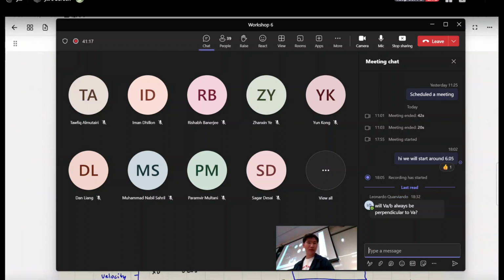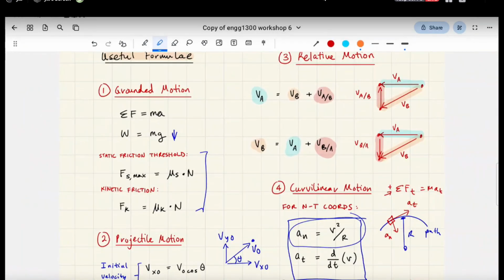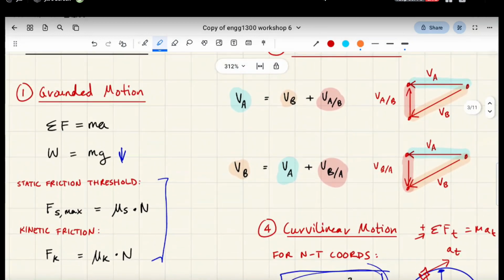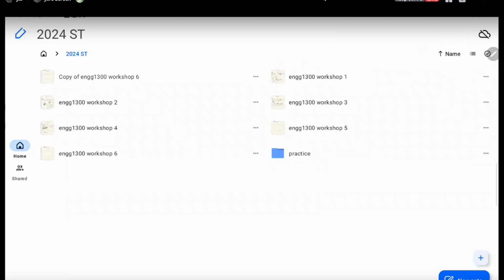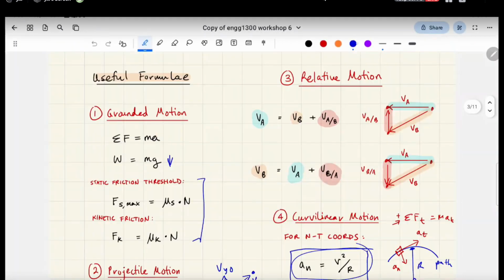So to answer your question, Leonardo, I just drew it like this, but it's not always the case. If you instead have vectors which look like this, VA, VB, then this one is not necessarily perpendicular.